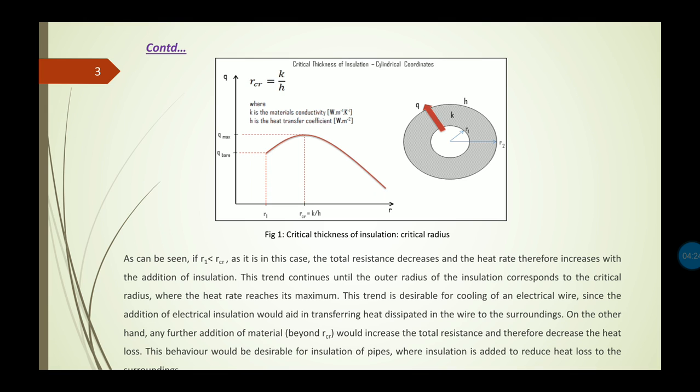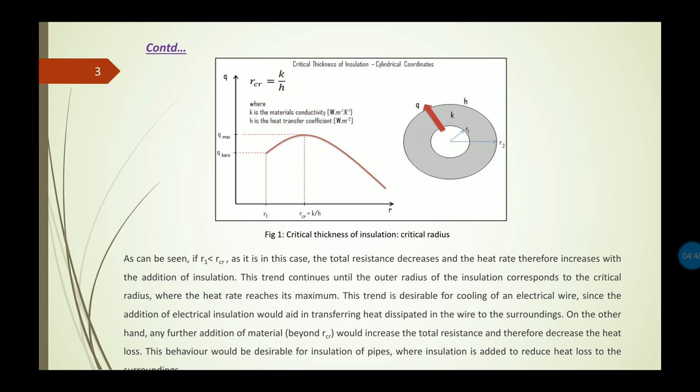Now in this diagram it can be seen, if R1 is less than the critical radius, then the total resistance changes. What is R1? It is the inner radius of the cylinder, and R2 is the outer radius of the cylinder.